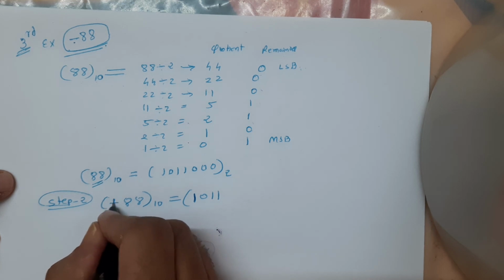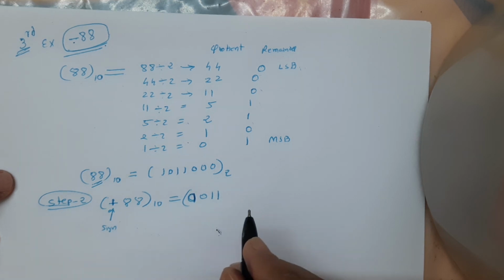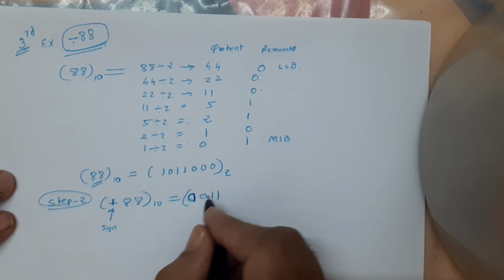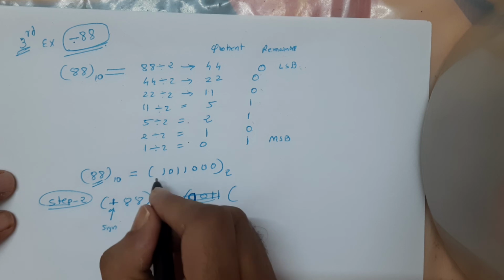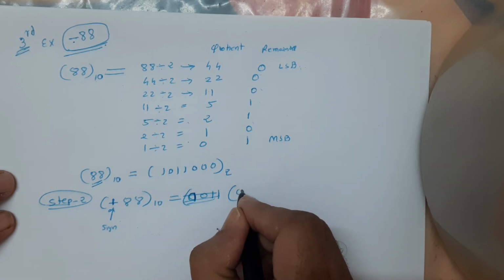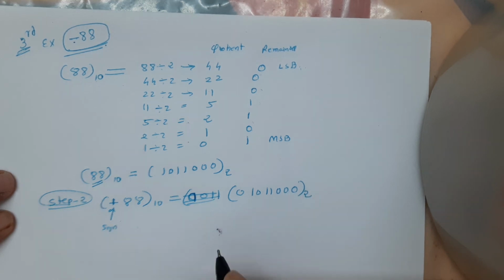If this is your positive sign, then we add 0. First you convert this into the positive form, with 0, and the remaining digits are the same. I repeat, positive sign, so I add 0: 01011000 binary, right?